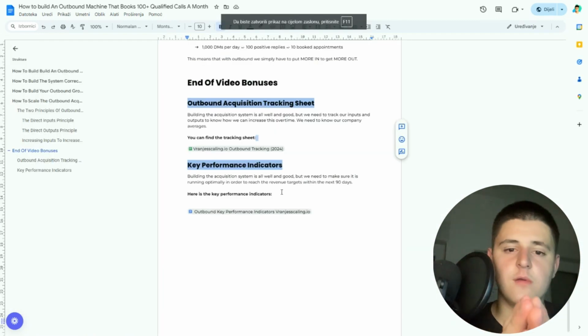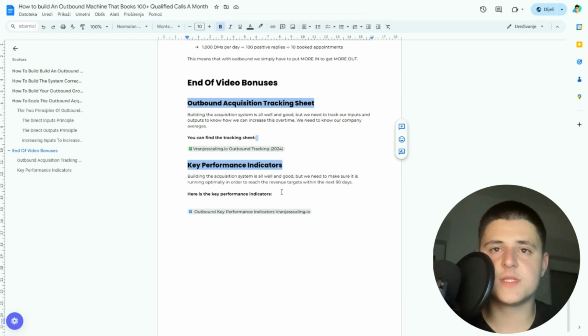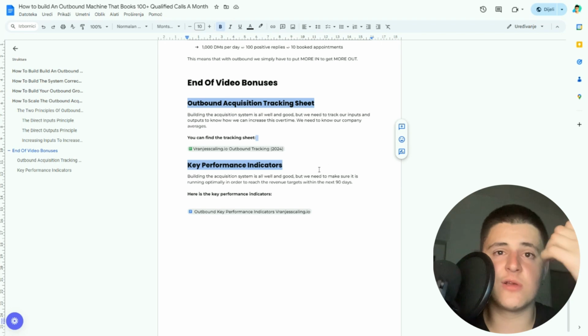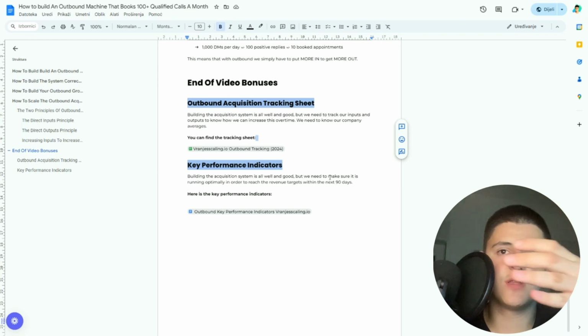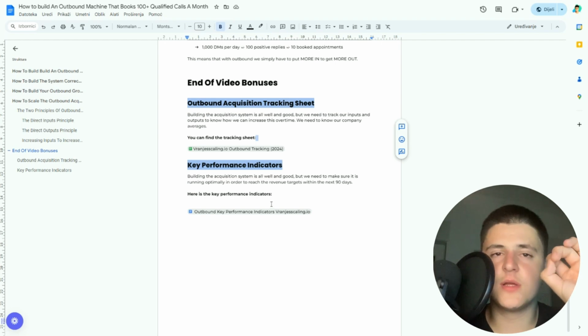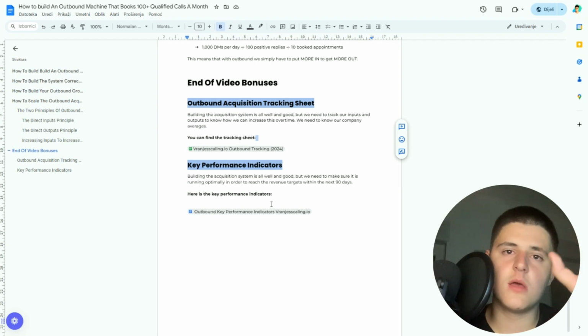So we have the key performance indicators, which means that building the right acquisition systems is also well and good, but we need to make sure it is up and running optimally in order to reach the revenue targets within the next 90 days. So this is the key performance indicator. This is the outbound key performance scaling.